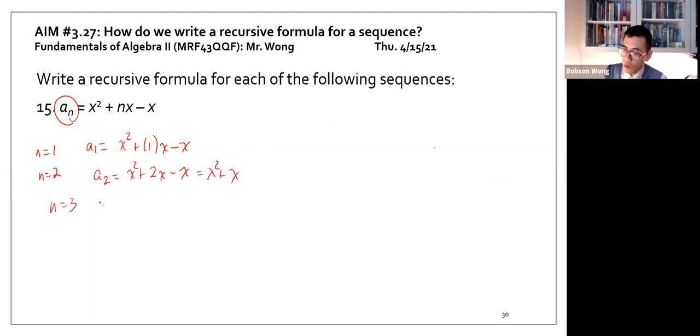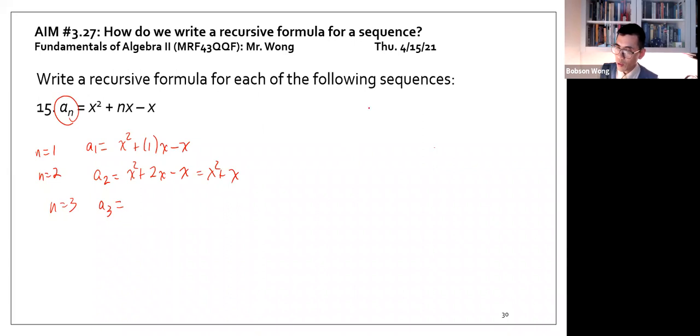So when n equals 3, a sub 3 equals x squared plus 3x minus x.